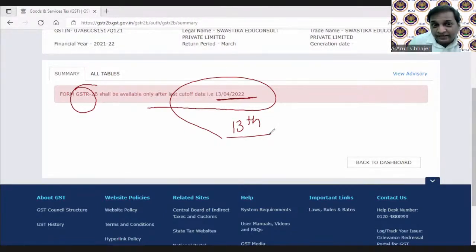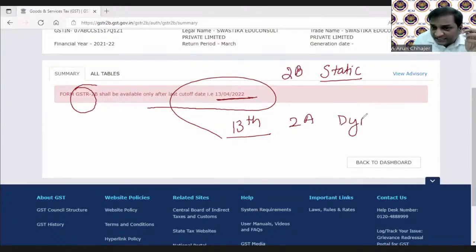GSTR 2B is a static document. See, one word has to be there: the 2B is a static document, 2A is a dynamic document. What is the difference? Let me explain. In one part, both are same. Why both are same? Because these contain the inward or the purchase entry.